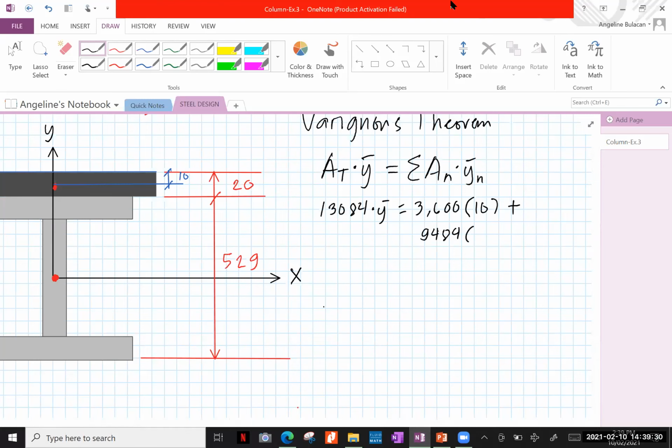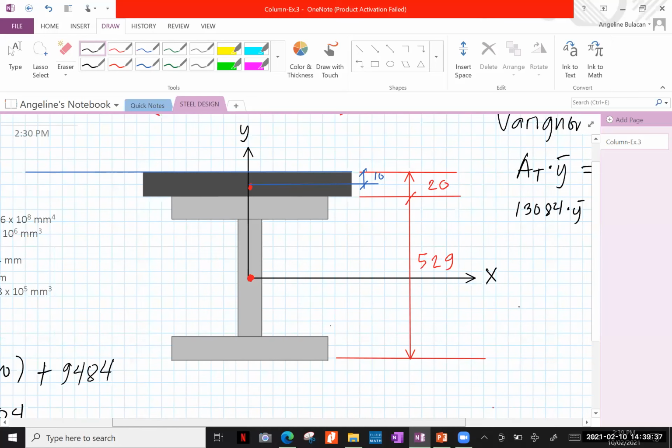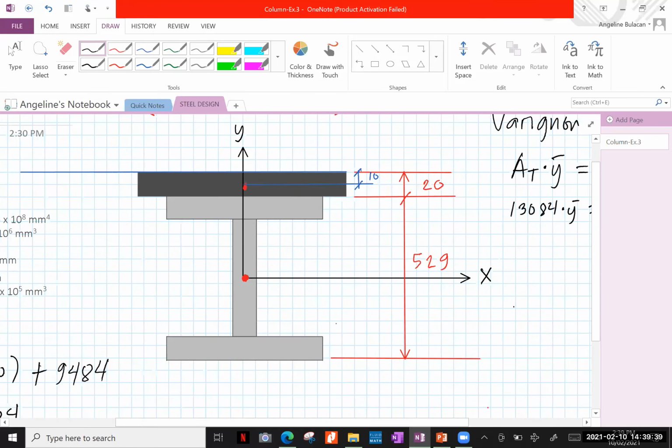And then the distance of its centroid with respect to the reference line. So kung this is 529 divided by 2, ang distance nito is 264.5. Etong line na to is 264.5, half.